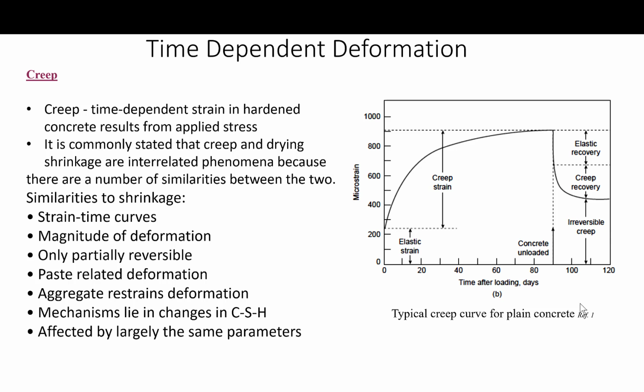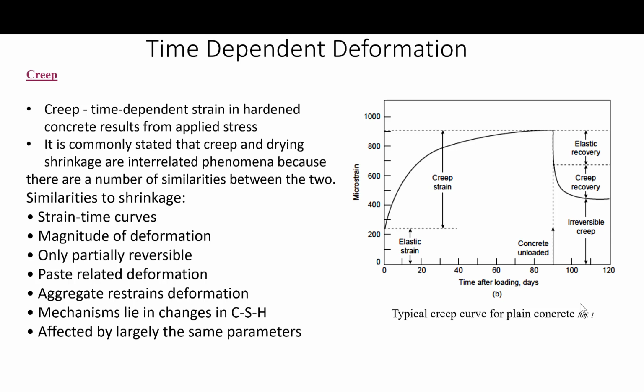So the creep, as I said, is time-dependent strain in hardened concrete that results from applied stress. It is commonly stated that creep and drying shrinkage are interrelated phenomena because there are a number of similarities between the two.